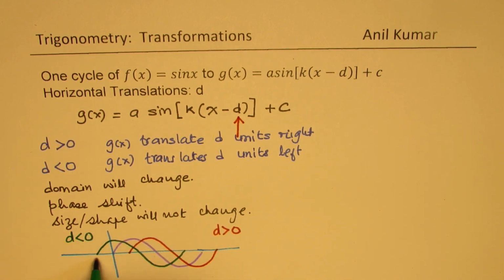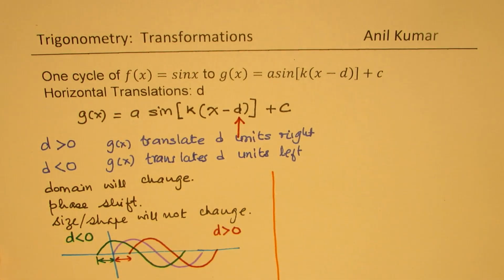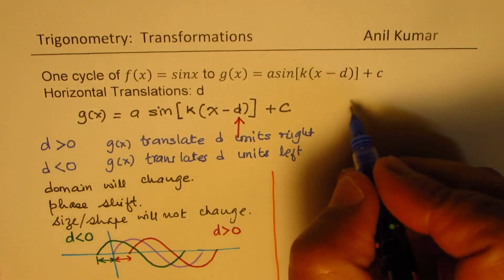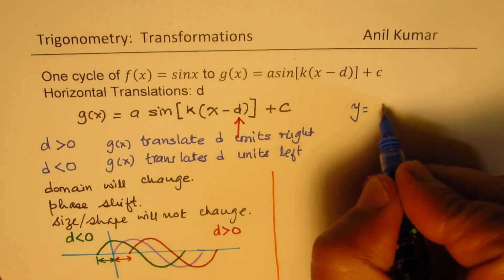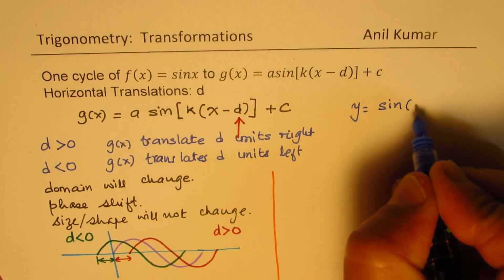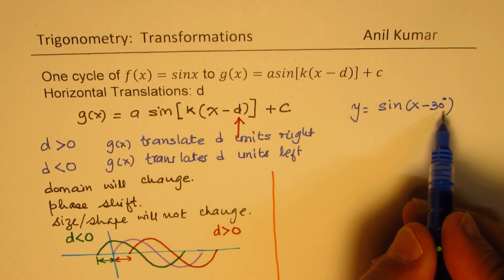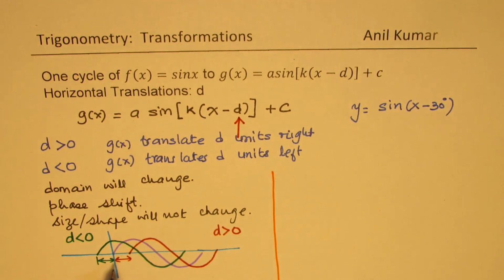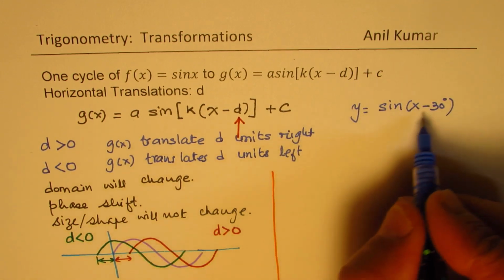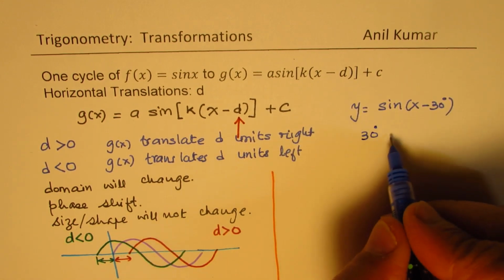So this is the phase shift, left or right, depending on the value of d. Perfect. To give you an example, if I have a function y equals sine of x minus 30 degrees, that really means the graph will shift 30 degrees right.